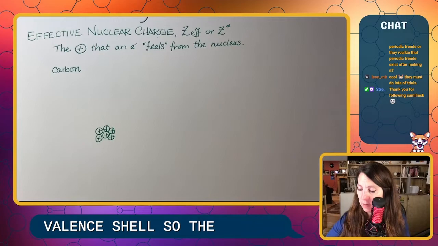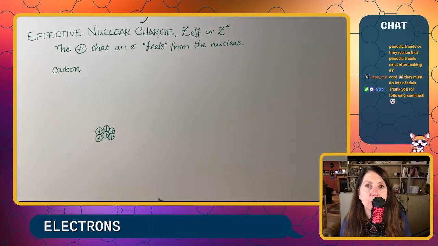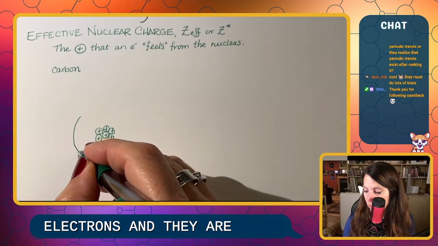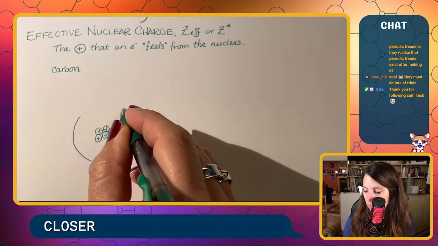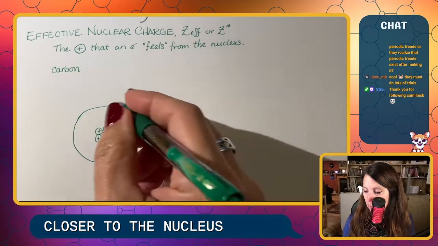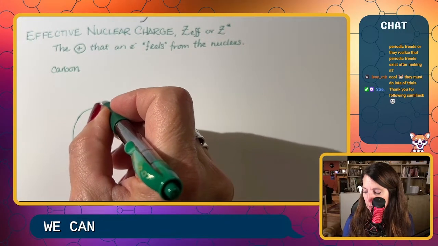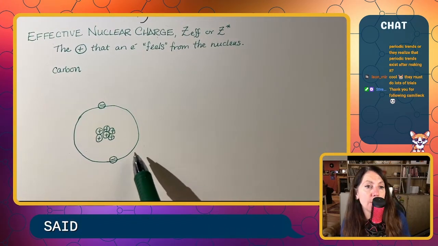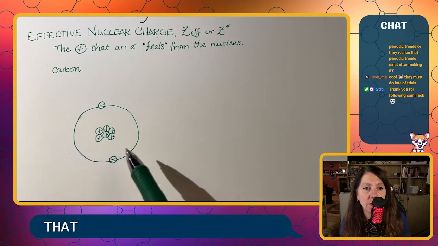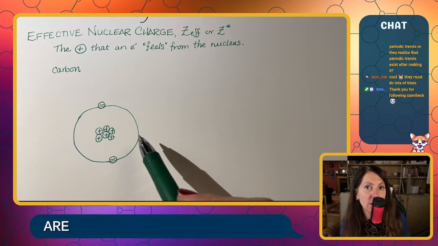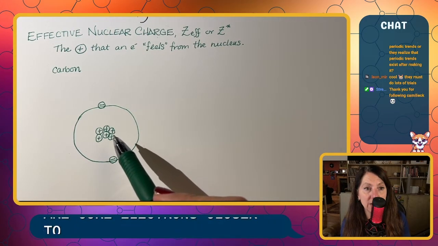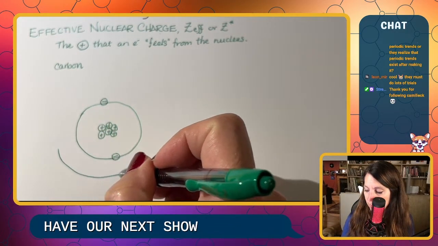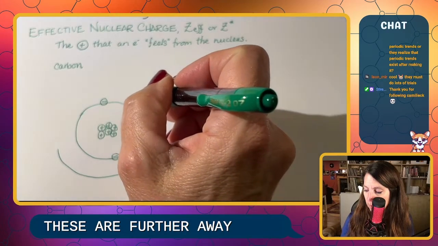So the inner electrons are the core electrons, and they are closer to the nucleus. The Bohr model shows that we have core electrons closer to the nucleus, and then our next shell, which is further away from the nucleus.